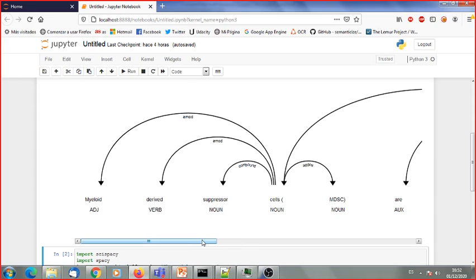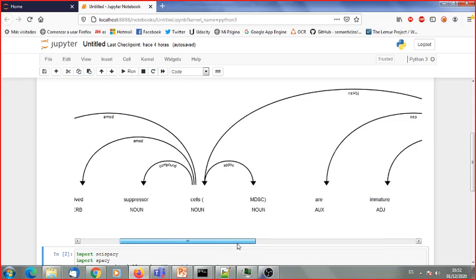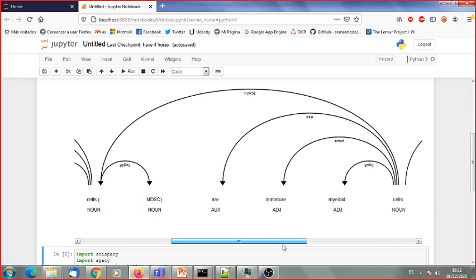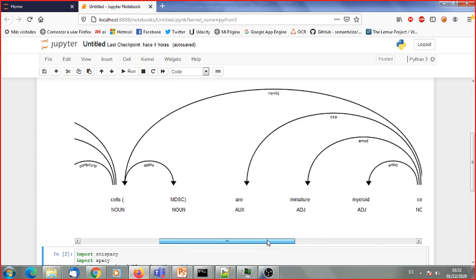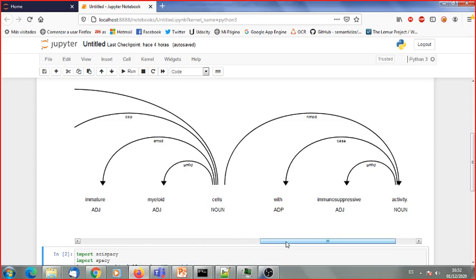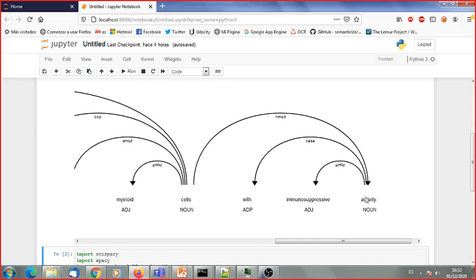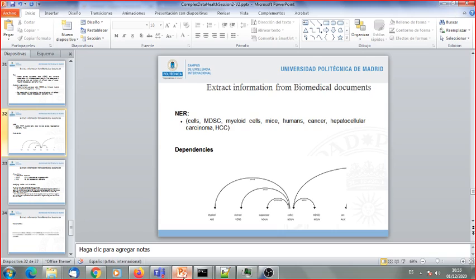And also backwards, to the right of cells you have the relation appos with MDSC, or subject, if this is the subject, etc. You have the relation between cells and other words, and also the activity with cells or with immunosuppressive. This is only to know the dependencies of each word in the text.